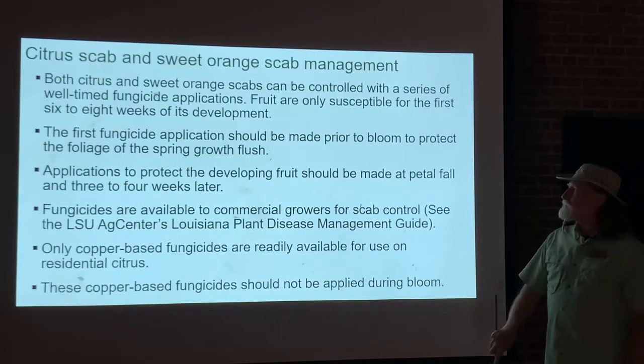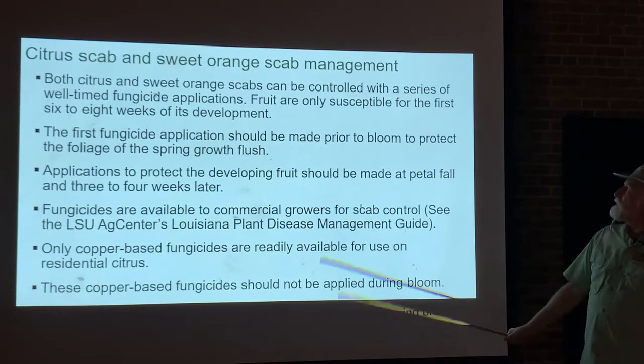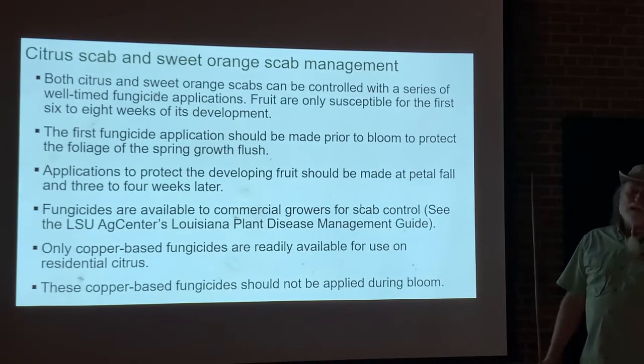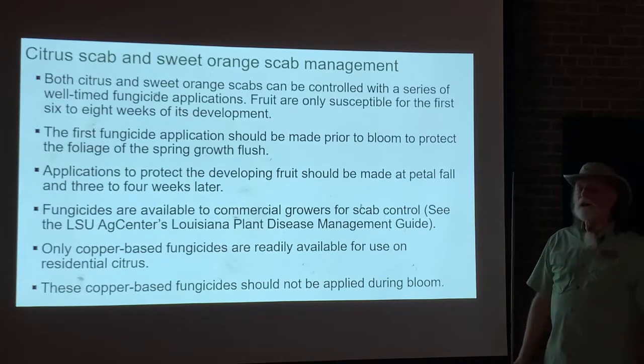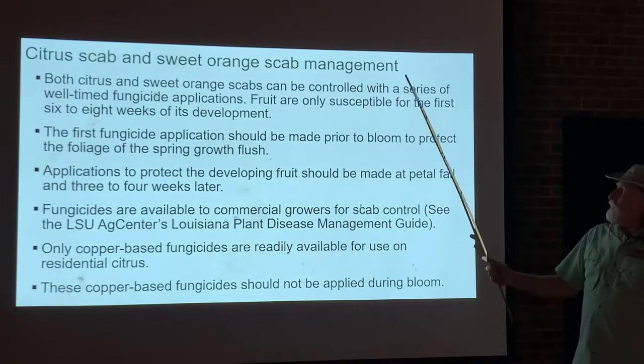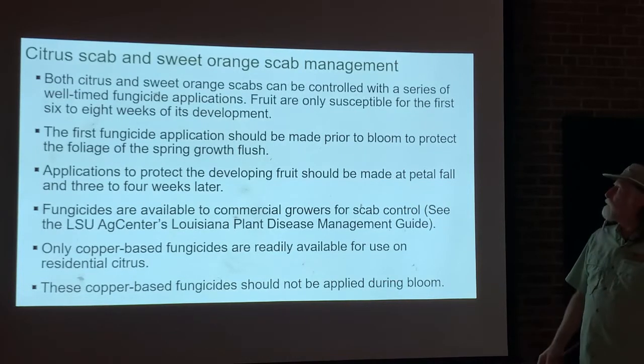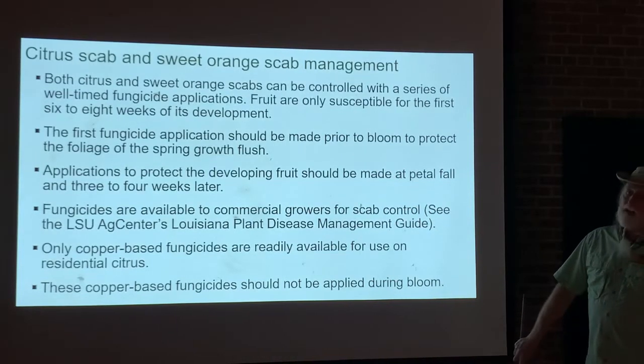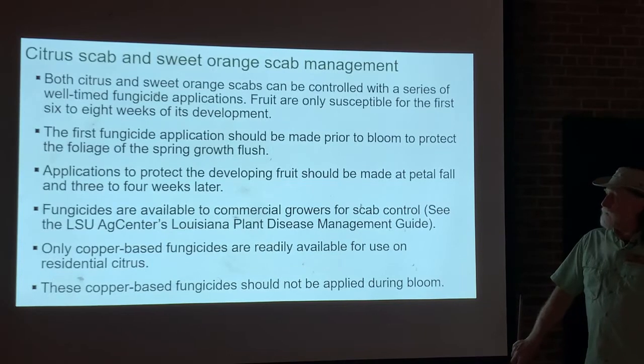And management of citrus scab and sweet orange scab, they can both be controlled by a series of well-timed fungicide applications. Now, on the fruit, it's only susceptible for the first 6 to 8 weeks after it begins to form.